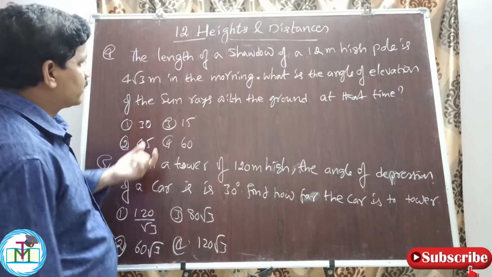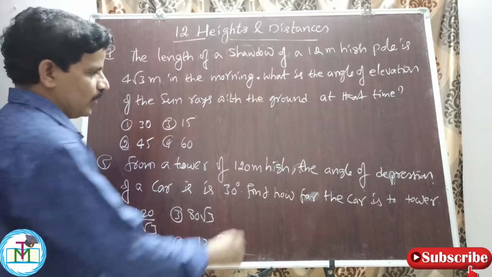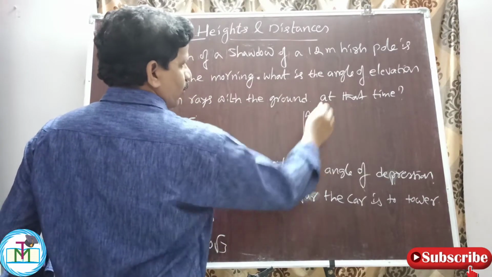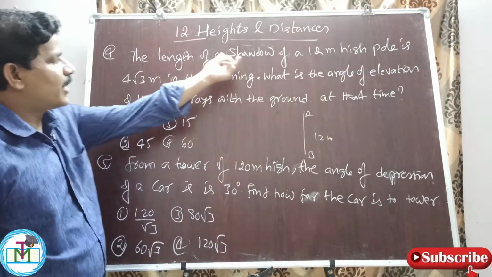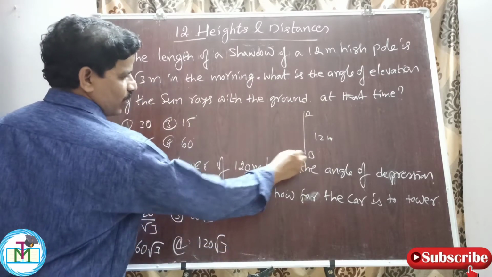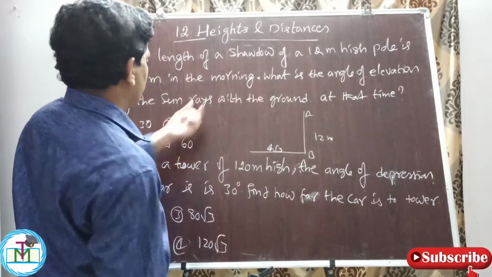Question number 4. The length of a shadow of a 12 meter high pole. So here AB is a pole of height 12 meters. The shadow of the pole is 4 root 3, in the morning.